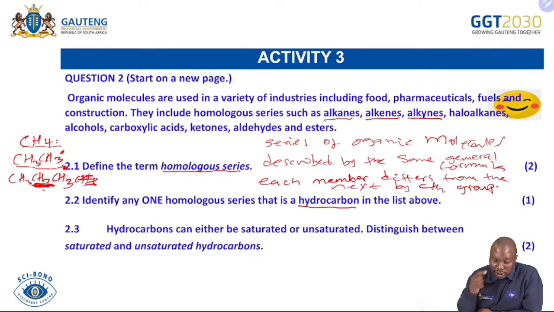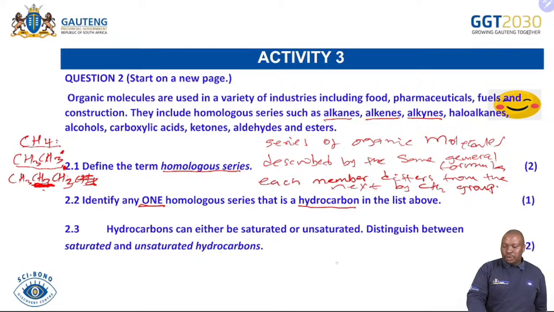So you must write 1, not 3, because the keyword there is 1. You can't say that because you have 3 hydrocarbons in the options, you have to write all of them. Who must choose for you? So you have to commit and say alkane, alkene, or alkyne. Any of those 3, you will be able to get your 1 mark.